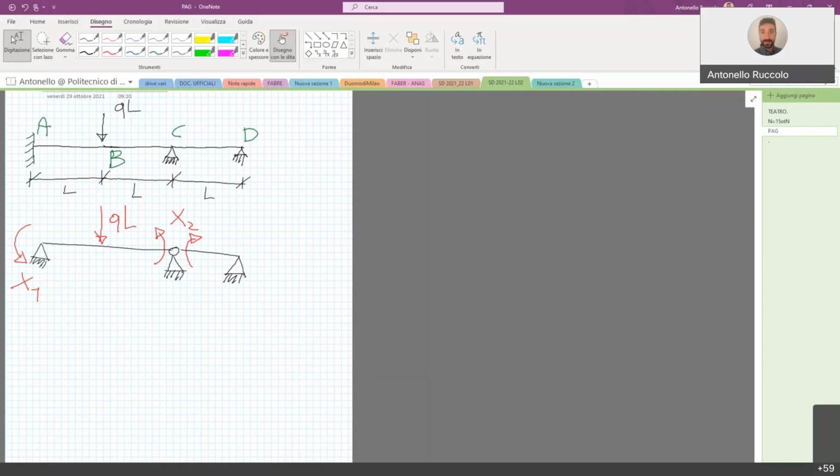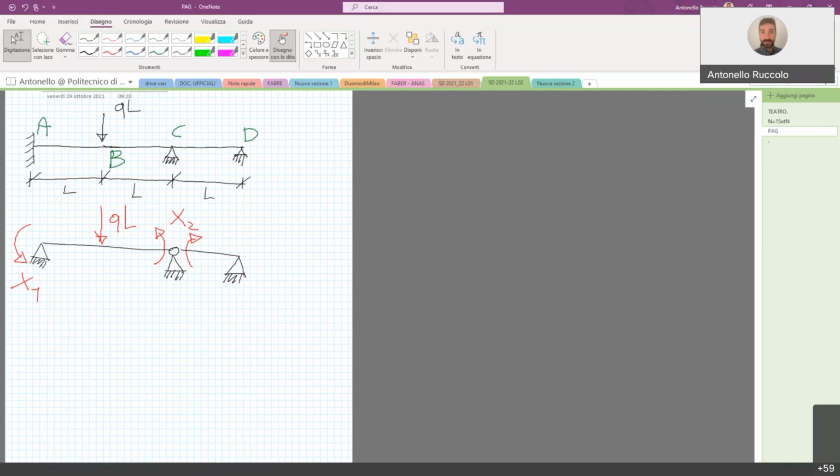How many equilibrium equations can we write? We can write one equilibrium equation per each degree of freedom of the structure. In this case, we have just one element, because the structure is continuous from A straight to D, so we can write just 3 equations of equilibrium.